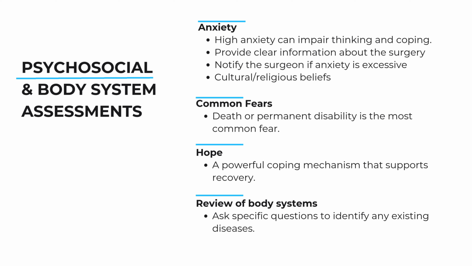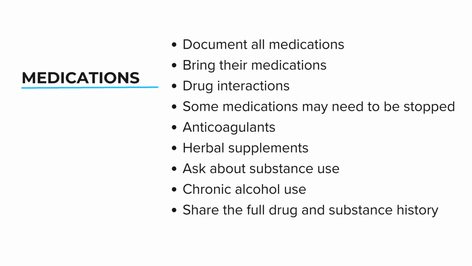To review the body systems, ask clear questions to check for any existing medical conditions and current health issues. Along with the patient's history, this helps us decide which pre-op tests are needed. List all medications, including over-the-counter drugs and herbal supplements. Patients are often asked to bring their medications for accurate recording. Some medications can interact with anesthesia.